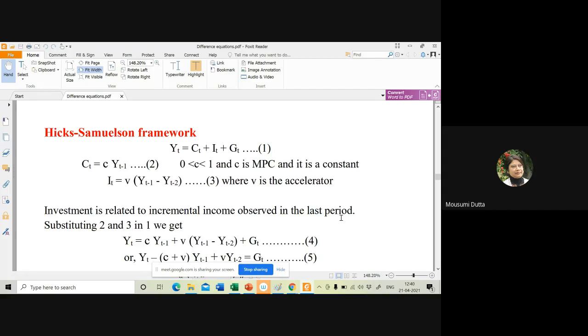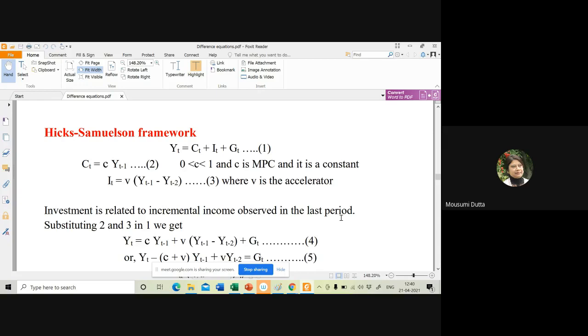Now investment will be quite large compared to the actual surplus, because there is an accelerator here.